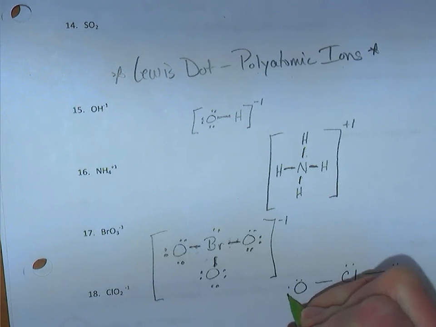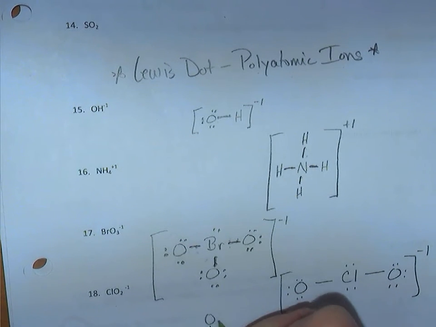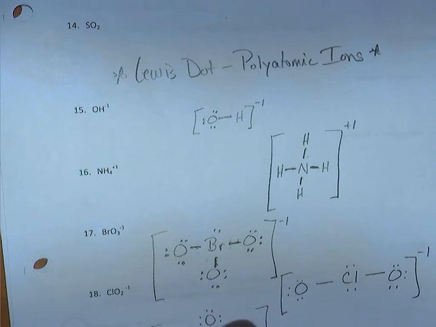Now again in AP we'll learn some different things, but for now that is good to go. And sulfur will do coordinate covalent bonding with oxygen. So to make these single bonds, the electrons came from sulfur. And I need to show that that's a -2.